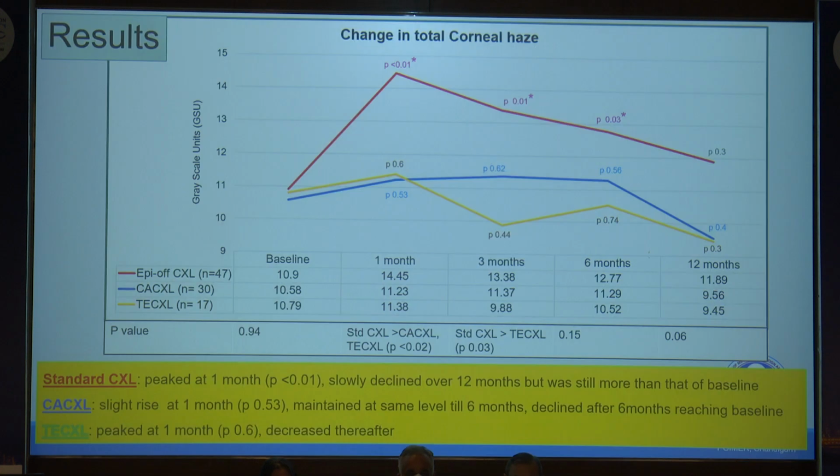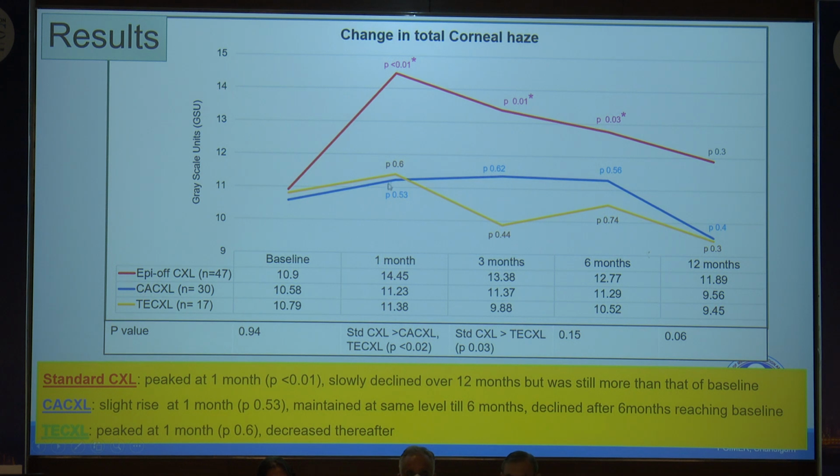Post CXL, what we observed was that in standard CXL there was a maximum change in the corneal haze, which peaked at around 3 months and slowly declined over 12 months, but was still more than the baseline, though not significant statistically. Whereas in the contact lens assisted and transepithelial groups, there was only a slight rise in corneal haze, which was not significant statistically.